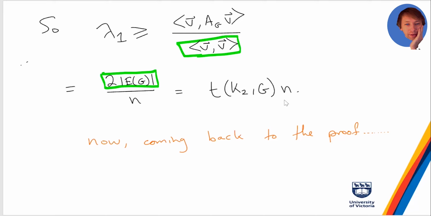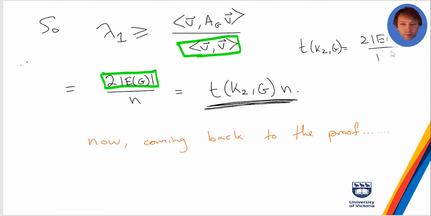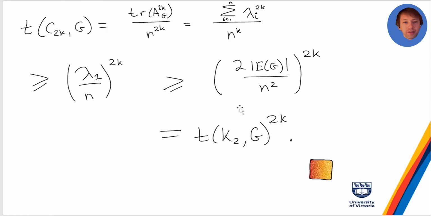Now if you think about that, that is literally equal to this. Because remember, t k 2 of G is 2 times the number of edges over the number of vertices squared. This is the same thing, except that there's no square here, so it's this thing times n. So we're happy, we can just plug it in.